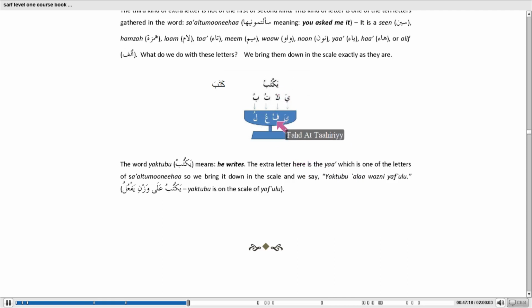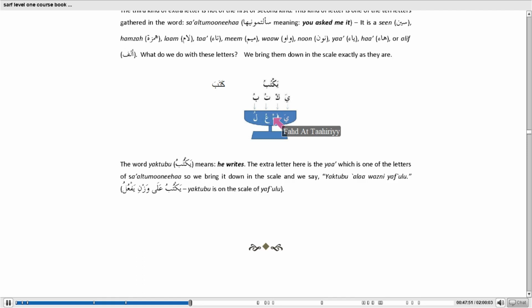Why not? One might say, you told us that since this letter is first in order, it's going to fall on the first letter in the scale. Okay? So the answer to that is, no. We clearly specified that the first original letter is the letter that will go on the first letter in the scale.